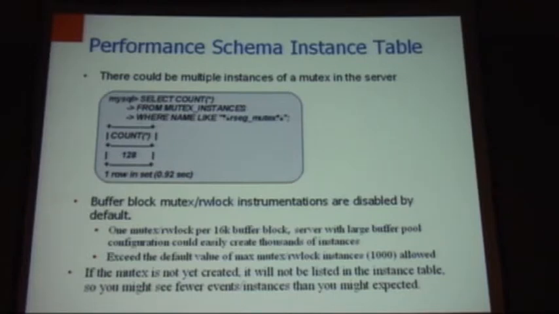The other thing is that the instance table only supports 1,000 entries by default. So it doesn't make sense for us to turn on instrumentation for block mutexes and other locks by default, and you probably won't see them in the instrumentation. Again, the last bullet point is that if a mutex is not created, you won't be able to see it in the list. So that's about the instance table.